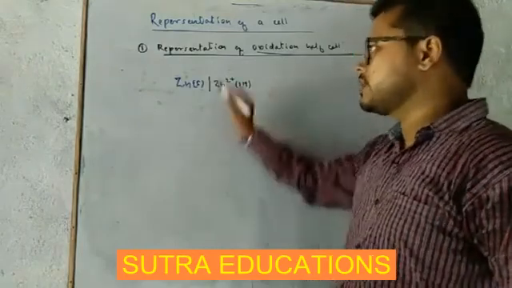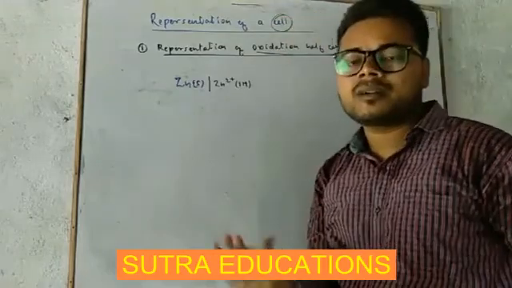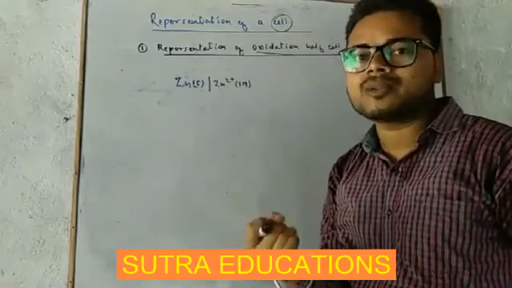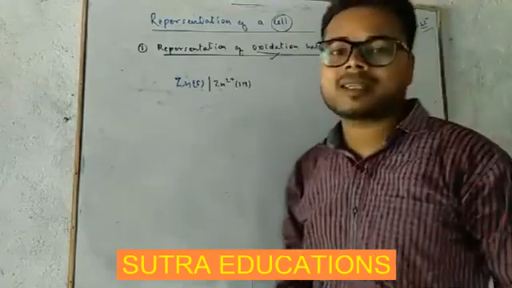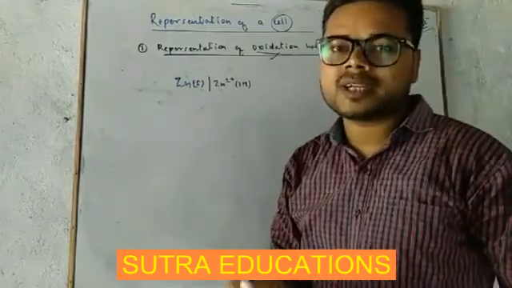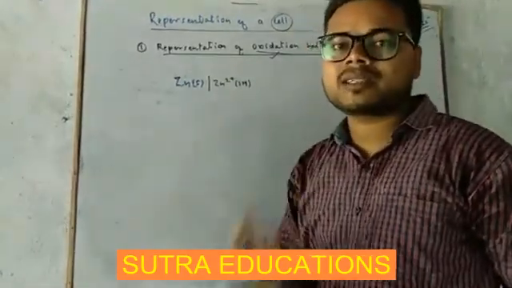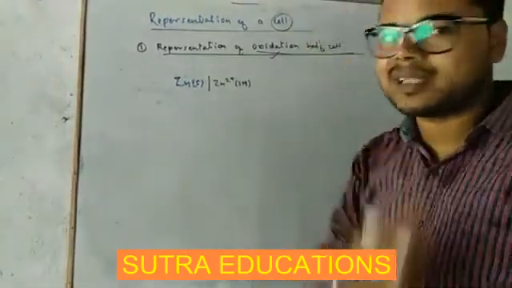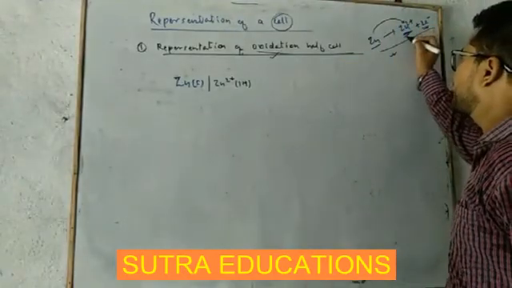Okay, it is a representation of a cell. A cell consists of two half cells. One is the oxidation half cell and the other is the reduction half cell. So at first we are trying to understand how to represent the oxidation half cell. Oxidation means what? Suppose it is zinc. So zinc, when it loses its 2 electrons, becomes Zn2 plus.